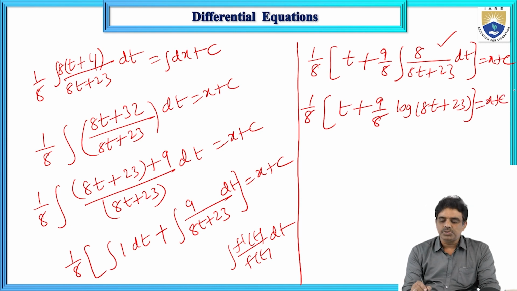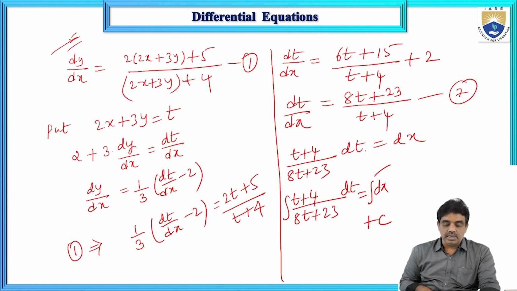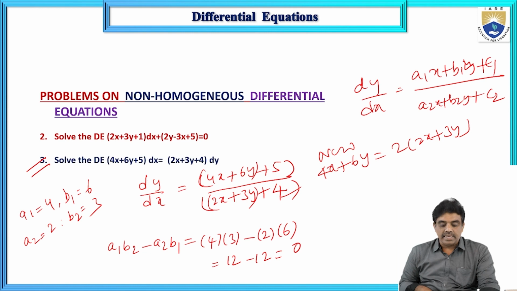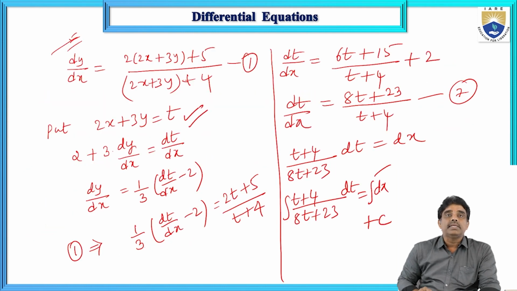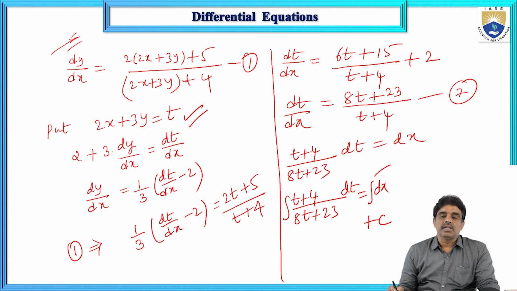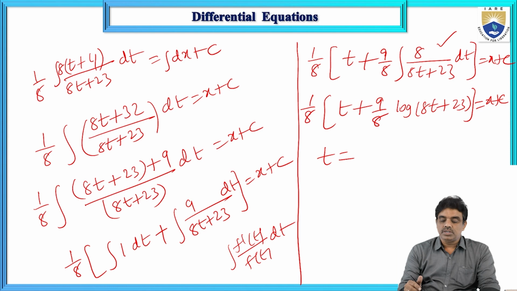Now what do we have to substitute finally? What is t? What was our assumption in the previous slide? We have taken t is equal to 2x plus 3y. So on substituting t is equal to 2x plus 3y, we will get the final solution.